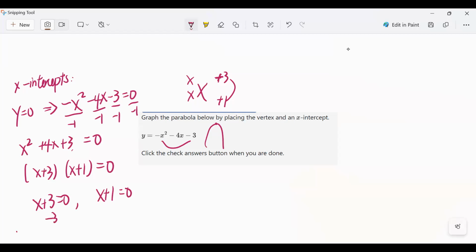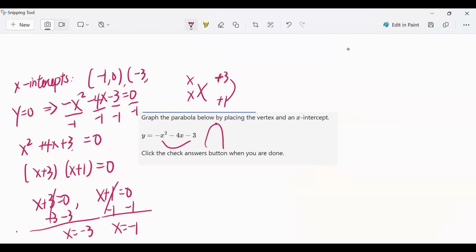So x equals -3 here, x equals -1 here. So you get a couple of x-intercepts. Then the x coordinate and y coordinate become all the same. All right, so that's how we find the x-intercept.